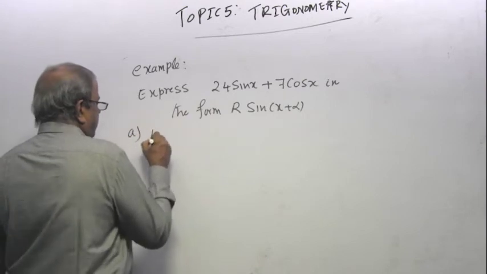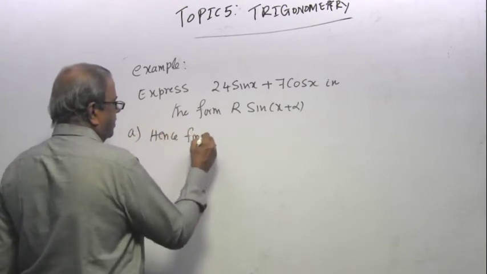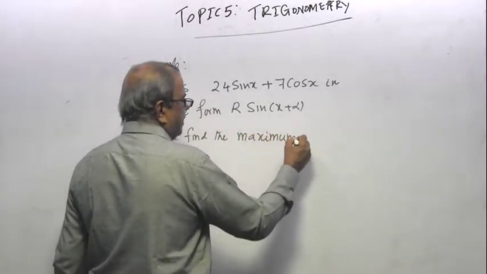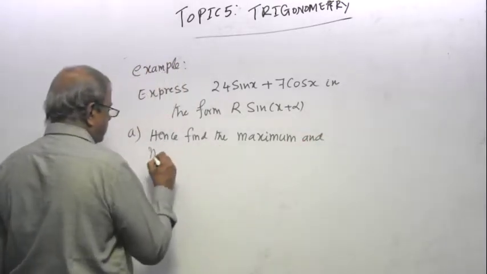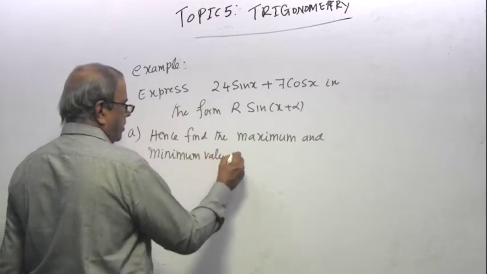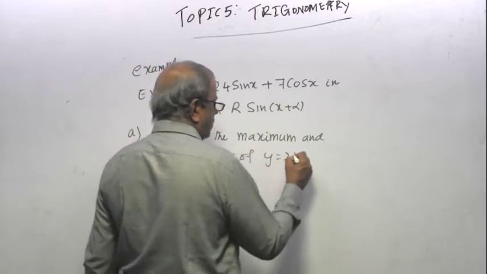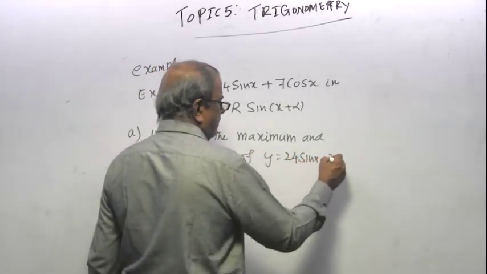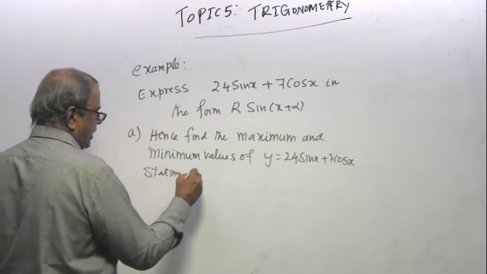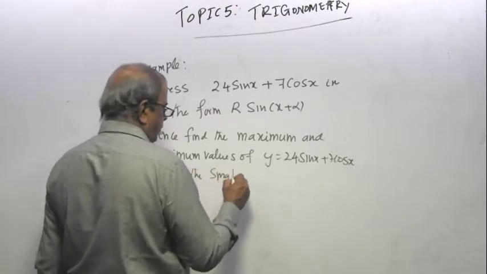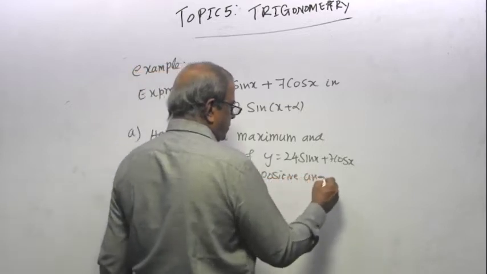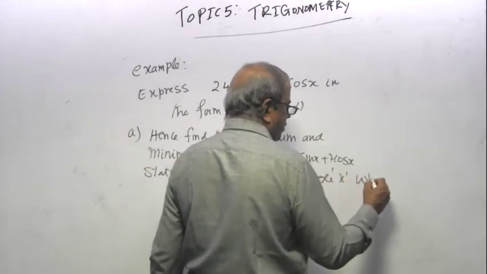Part A: hence, find the maximum and minimum values of y equal to 24 sin x plus 7 cos x, stating the smallest positive angle x where these occur.